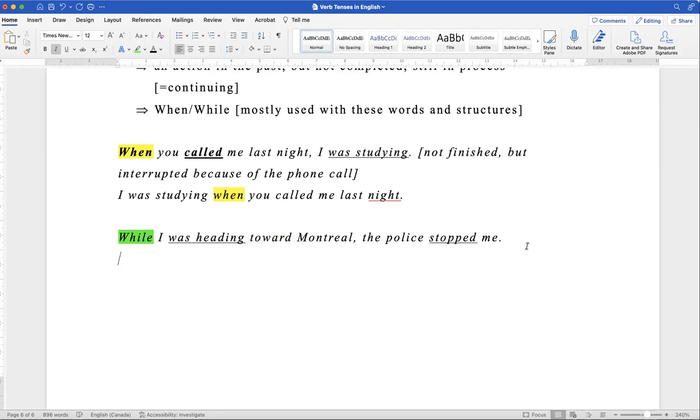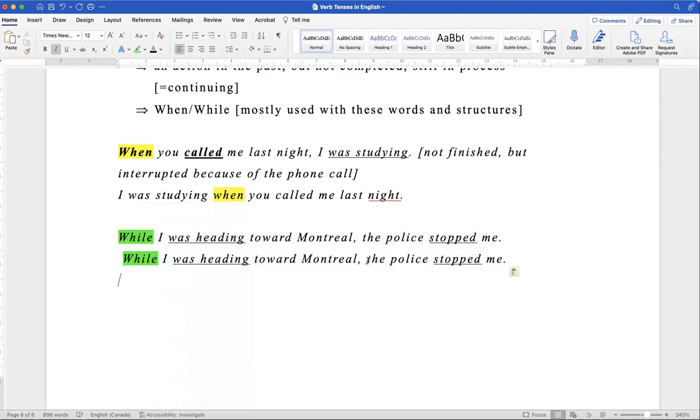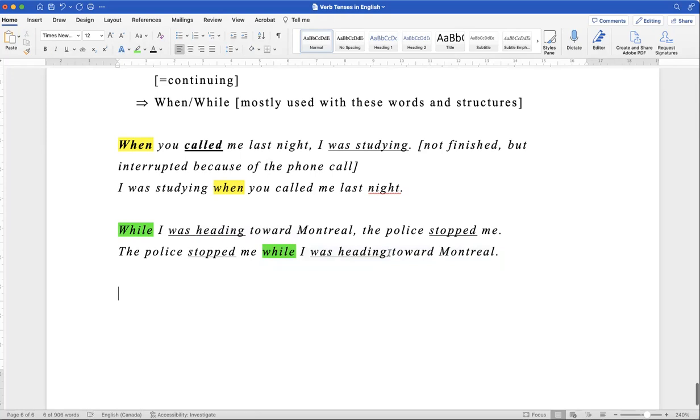Or in a similar way, you can use the while part in the middle. So the police stopped me while I was heading toward Montreal. This part was interrupted, and this part was still in process.